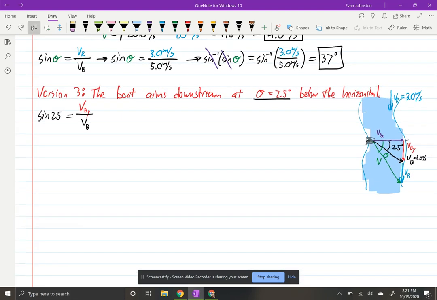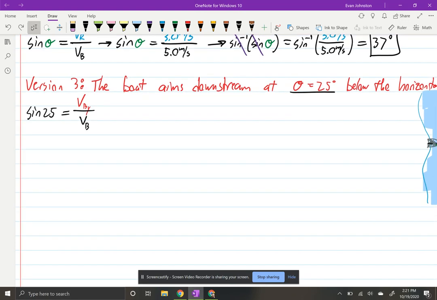So now let's actually do something with it, because we know how fast the boat goes. It always goes at 5 meters per second. So if I multiply both sides by VB, it would cancel on this side and then I have a VB over here, right? We're just going to rewrite it that way. And so in our next step, I have that VB times sine of 25 equals the y part of the boat's velocity.